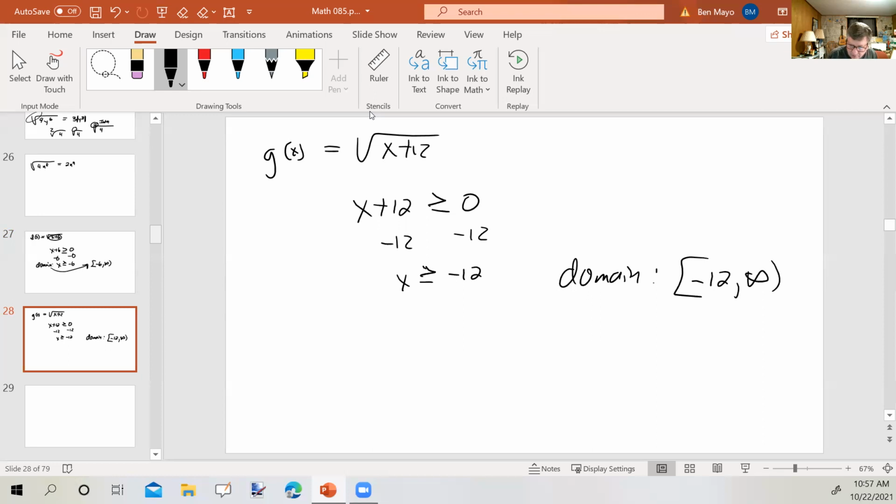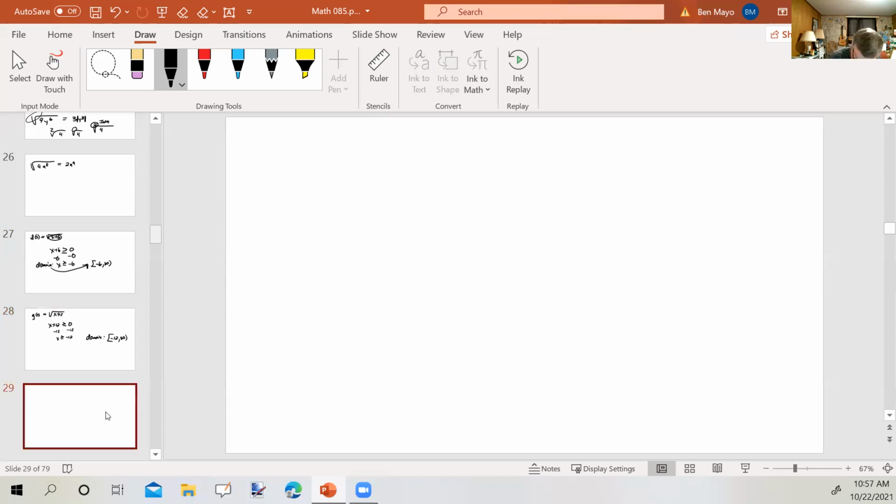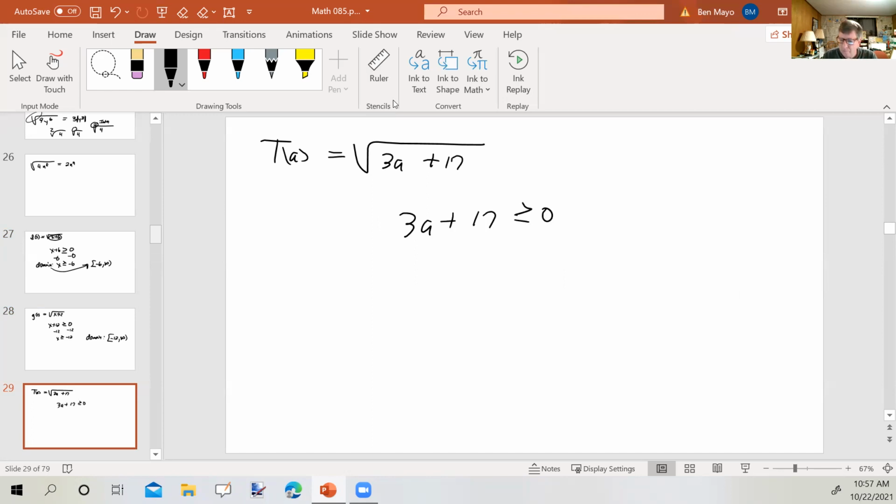Okay, let's take a look at one more example. t of a equals the square root of 3a plus 17. We're taking an even root of a quantity, so that quantity has to be greater than or equal to 0. Solving that inequality, we subtract 17 from both sides.